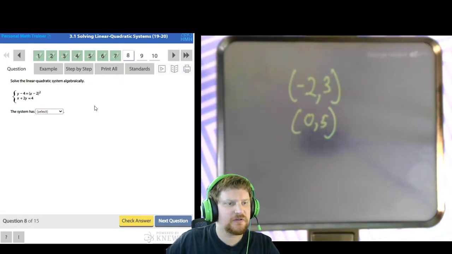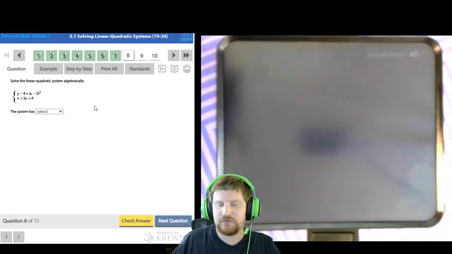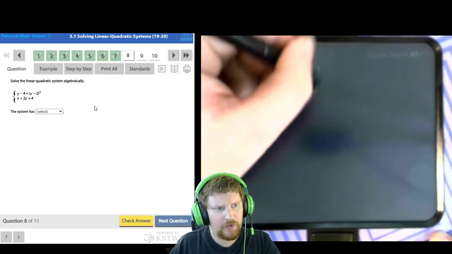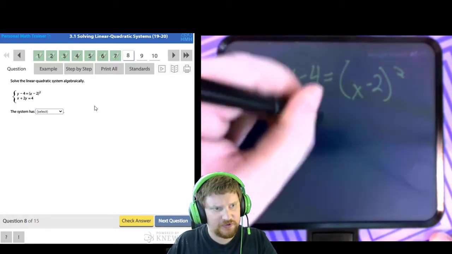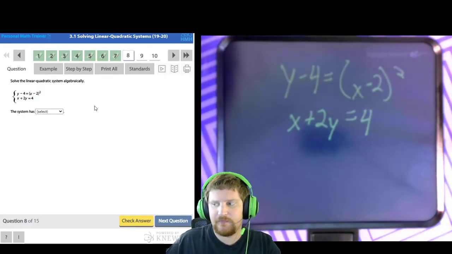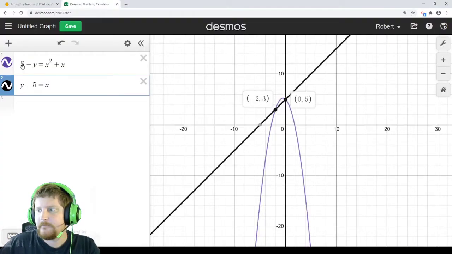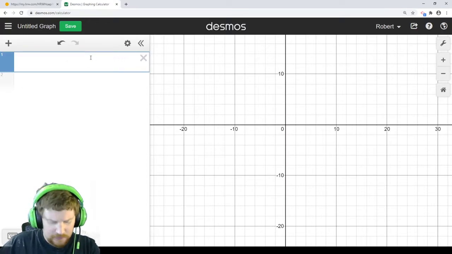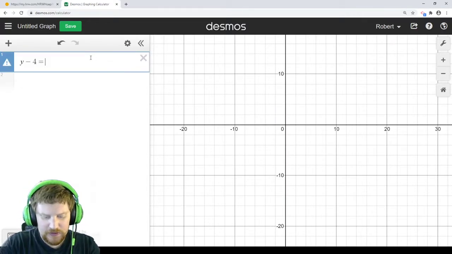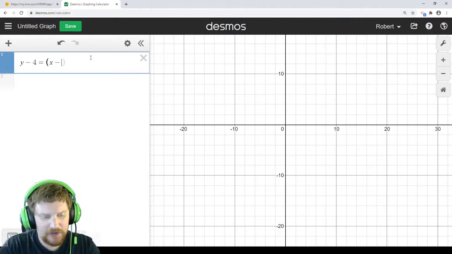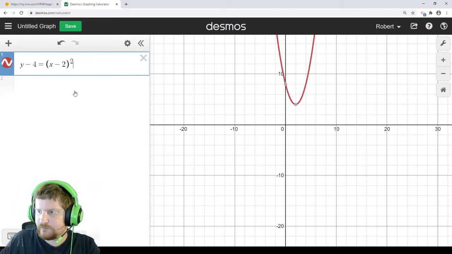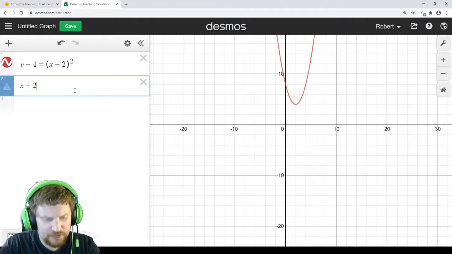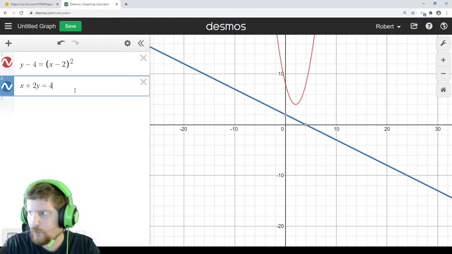Number 8, linear quadratic system algebraically once more. y minus 4 equals x minus 2 squared, x plus 2y equals 4.